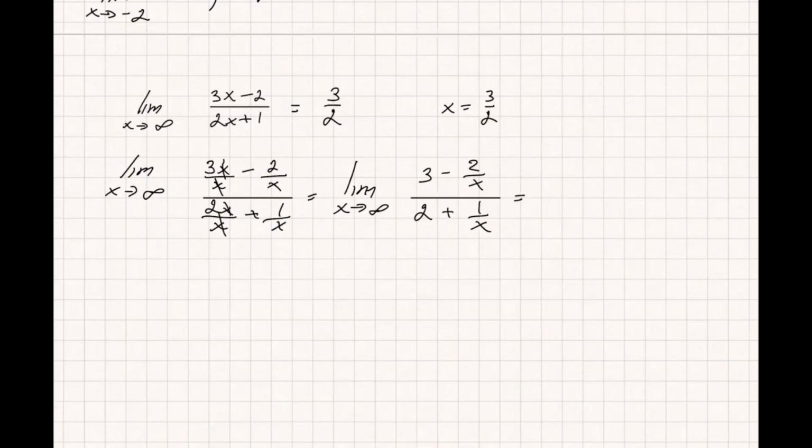Now as we send x to infinity, we see that these two terms go to 0. This one goes to 0, this one goes to 0. So we have 3 minus 0 over 2 minus 0. So this is where you get that 3 over 2, or you can say it from the very beginning because these two x's are of the same power.